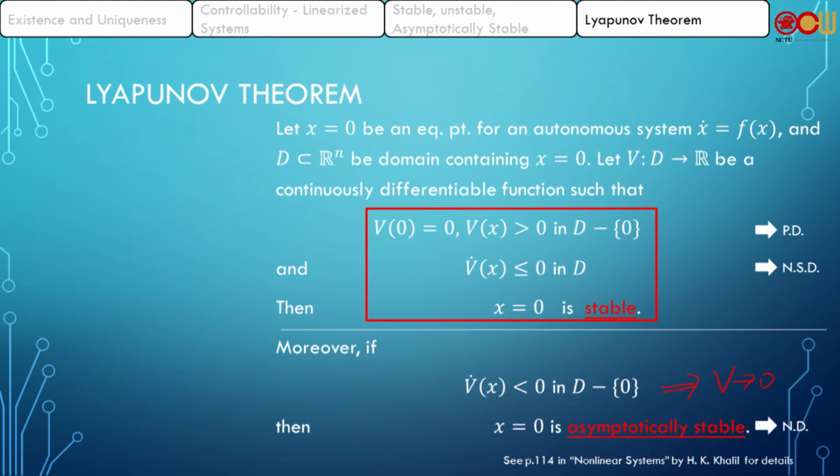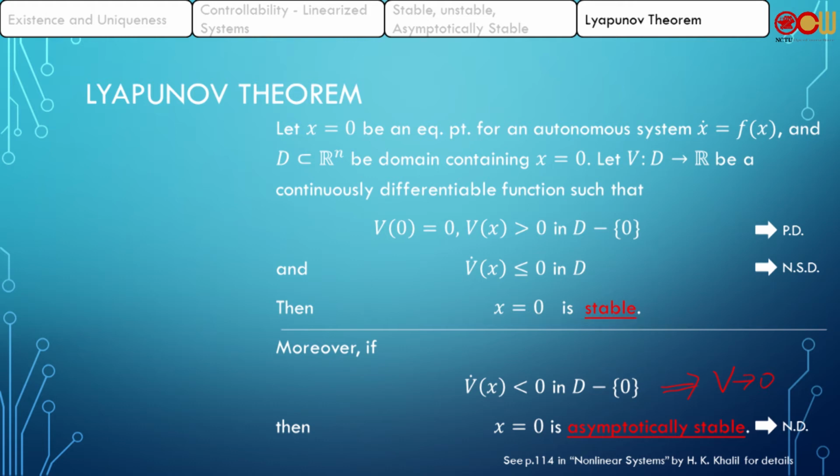Okay. Then your x at 0 is stable. Because V dot is negative, that includes D. And remember, D contains x equal to 0, right? But in the second condition, D subtract 0, D excludes 0. V dot of x should be less than or equal to 0. And this condition is called PNSD.